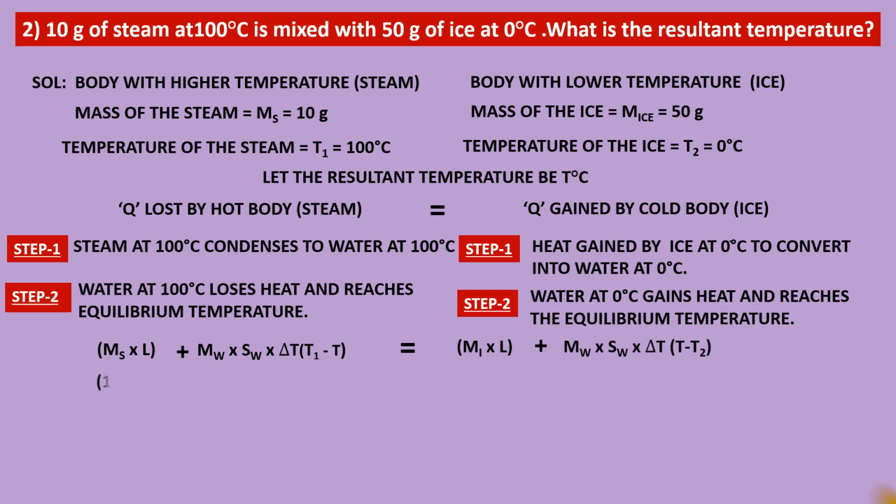Now coming to steam, if you substitute the values, 10 into 540, that is the latent heat of vaporization is 540, and after steam condenses into water, the mass of the water is 10 and specific heat is 1 and the change in temperature is 100 minus T. For ice, mass is 50 grams and latent heat of fusion is 80, and after melting into water, the mass of the water is 50 grams, specific heat 1 and change in temperature T minus 0.